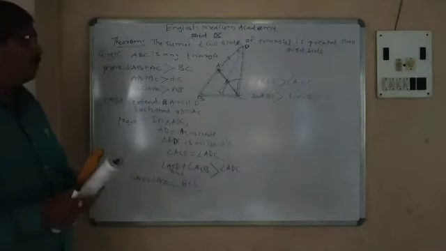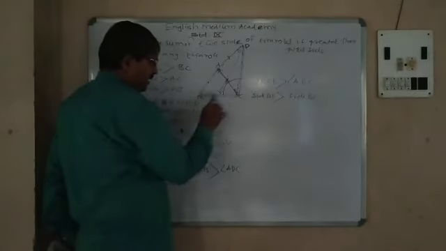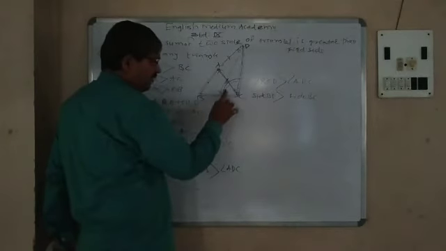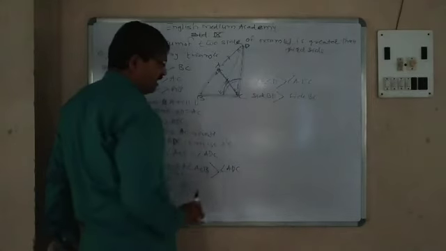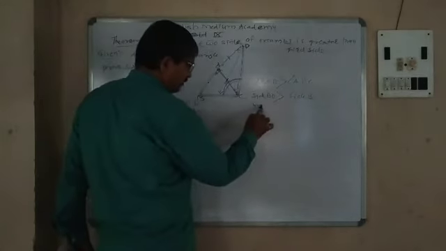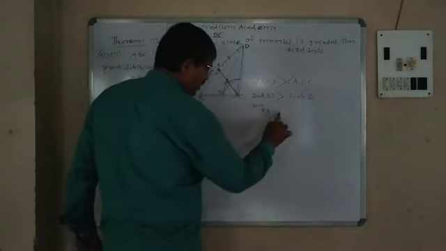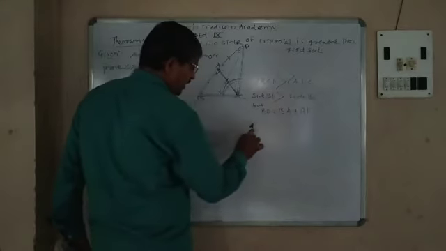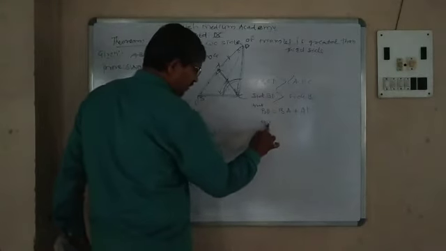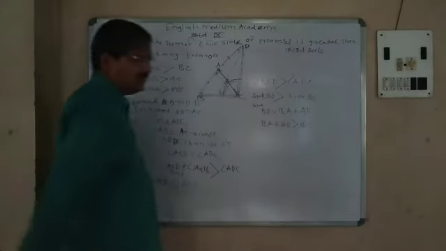Side opposite to greater angle is greater. BCD is a greater angle, so BD is greater. But BD is equal to BA plus AD. Therefore, I am going to write BA plus AD is greater than BC.